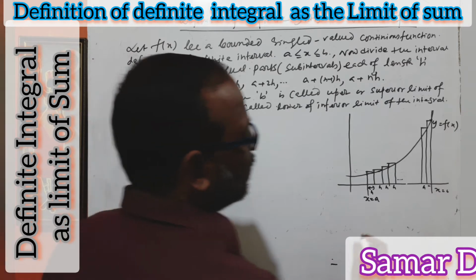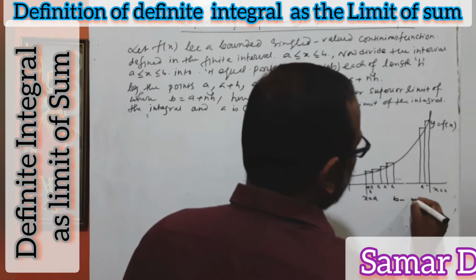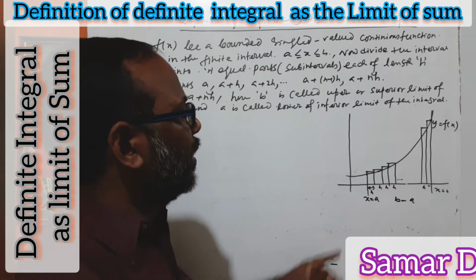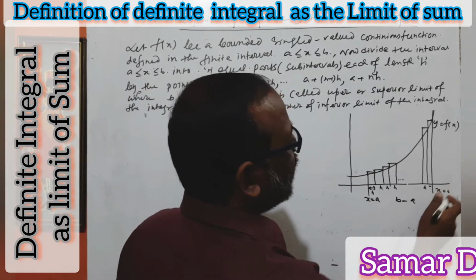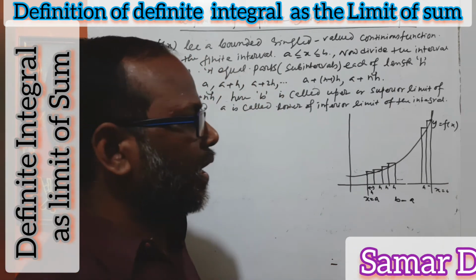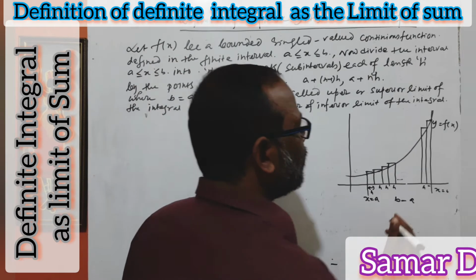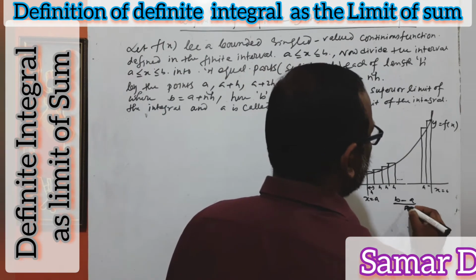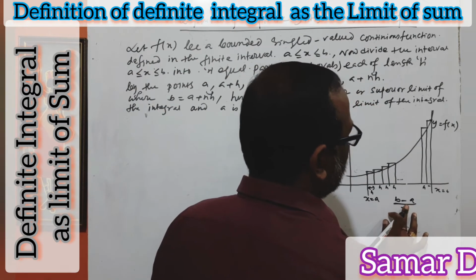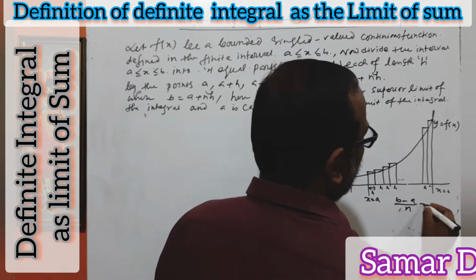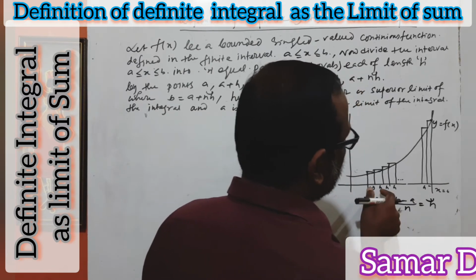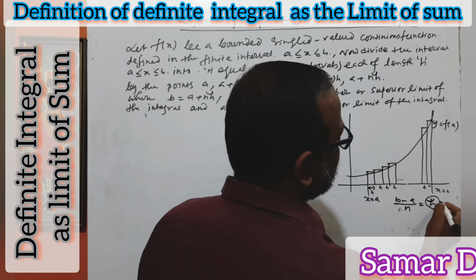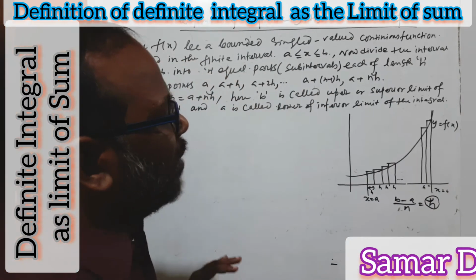Now see here. This is a to b. Their difference is b minus a, and this length is divided into n parts, and each length is h. This value is h, that is b minus a by n.